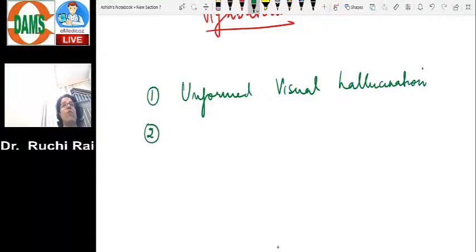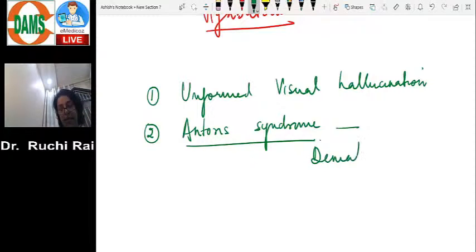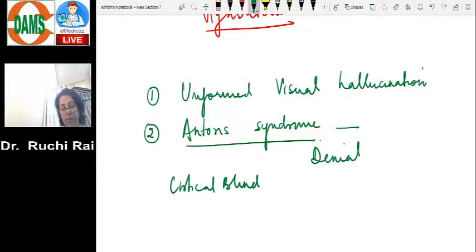What else? You should know what Anton syndrome is. Just one line, note it down. This is cortical blindness. Cortical blindness means any blindness due to a visual cortical lesion. So cortical blindness with denial of blindness, he is cortically blind but there is a denial, is called Anton syndrome.